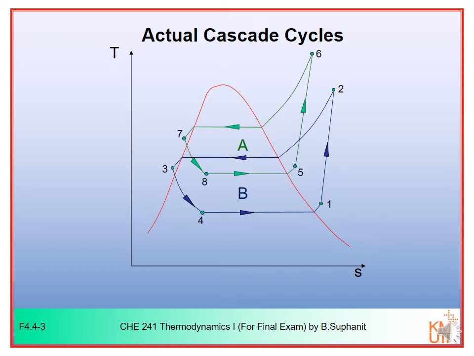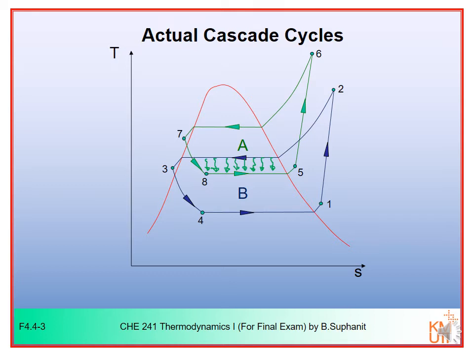So cycle A would have to be located like this. It means that you must have some temperature difference to have possible or feasible heat transfer between cycle B and cycle A, like this one.